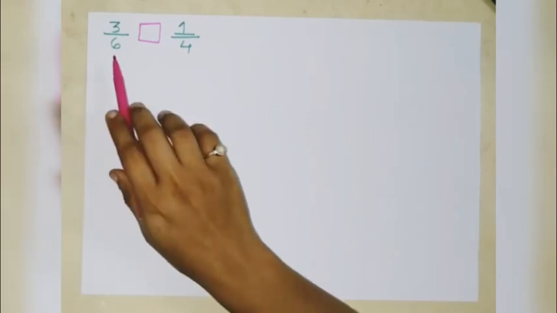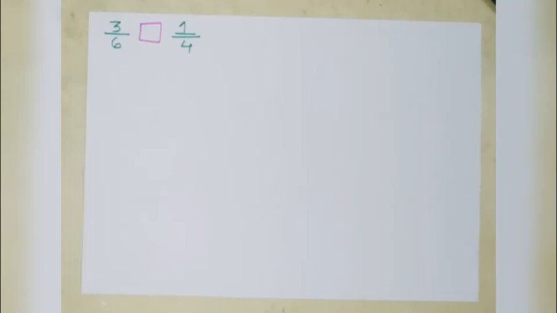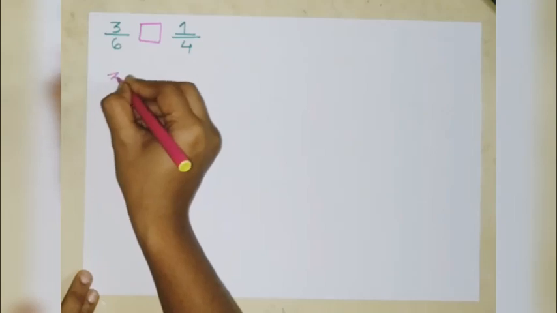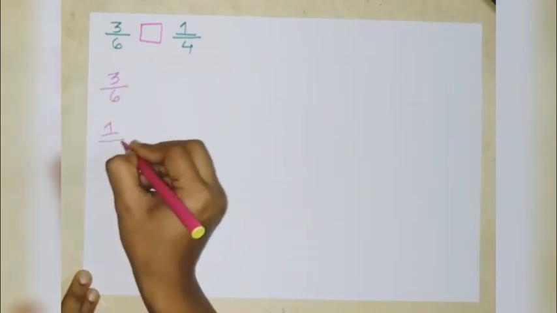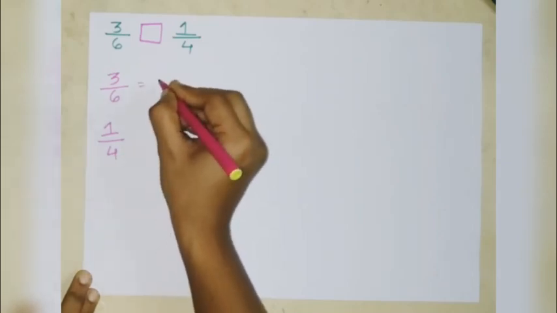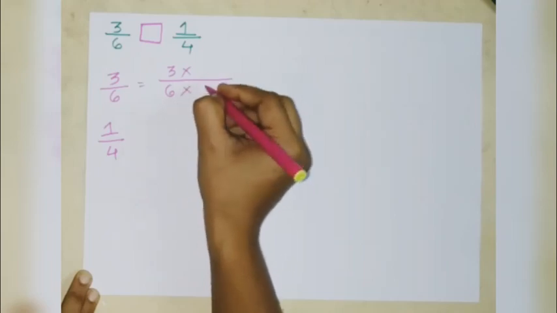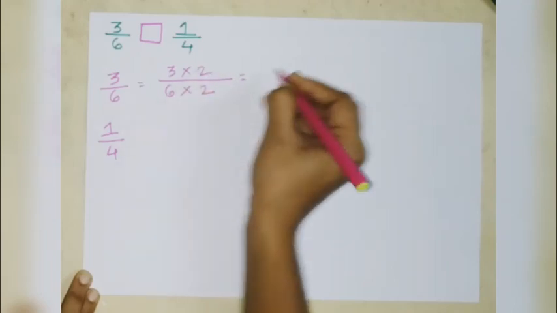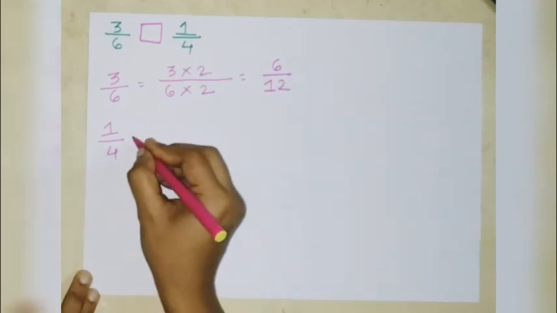Here 6 twos are 12 and 4 threes are 12. So children, 12 is the common multiple here. We will convert this unlike fraction into like fraction. Three twos are 6 and 6 twos are 12.